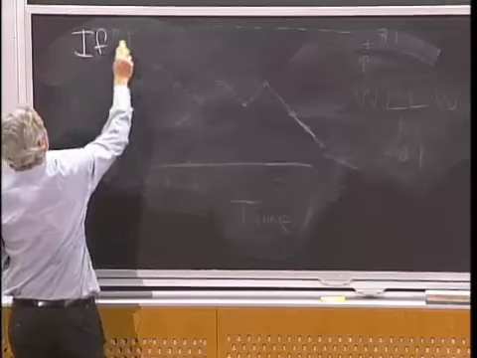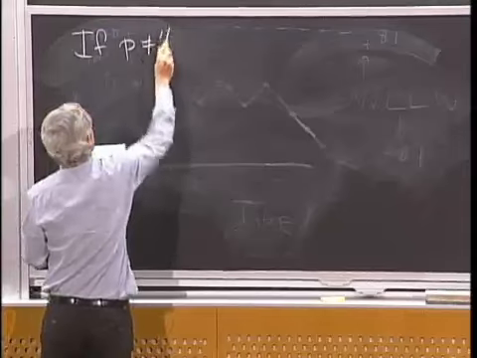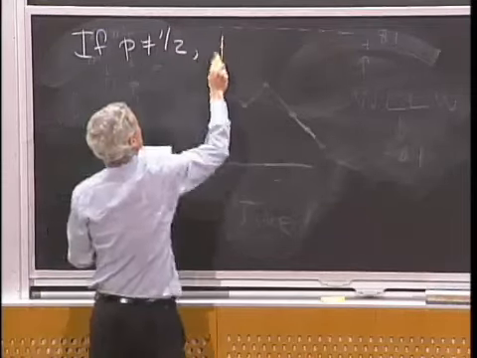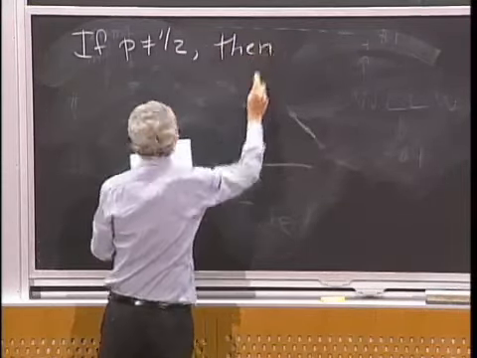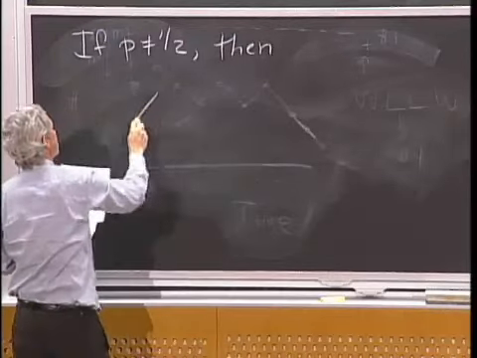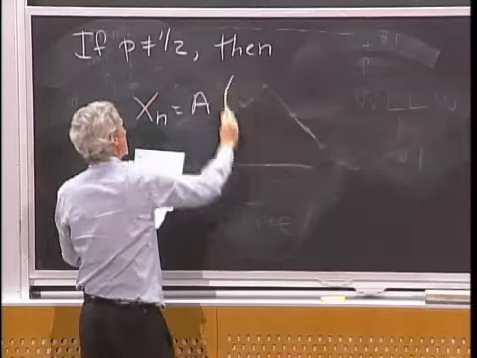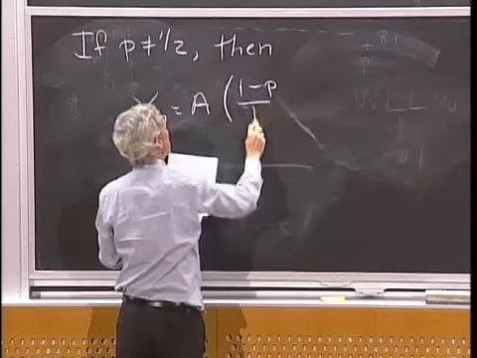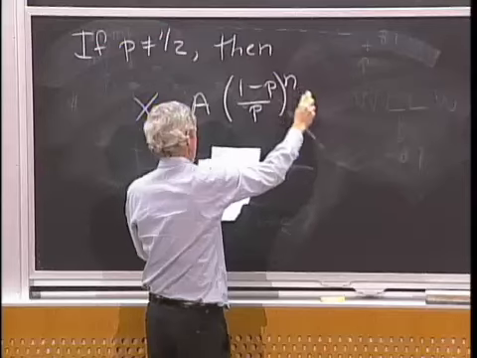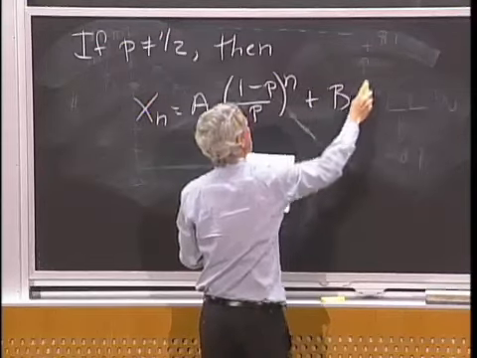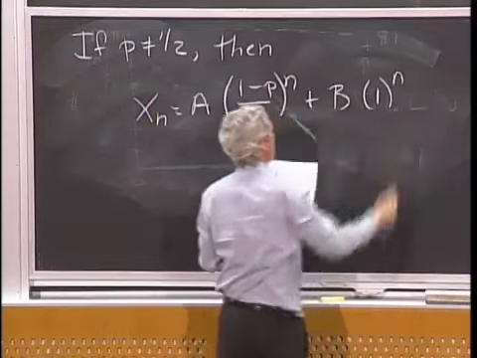All right, so if p is not a half, then we can solve for x_n. x_n is some constant A times the first root to the nth power plus a constant times the second root to the nth power.